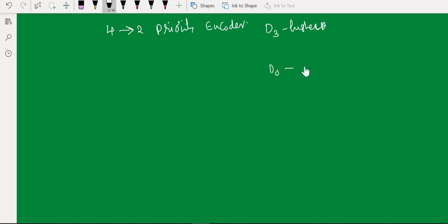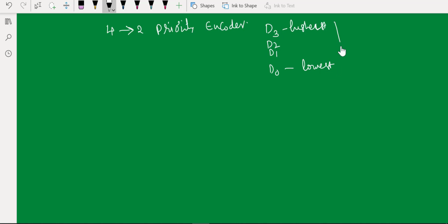So now we'll try to see the 4 to 2 priority encoder. For this I'm going to define D3 as the highest priority and my D0 as the lowest priority, and the remaining ones will come in between.